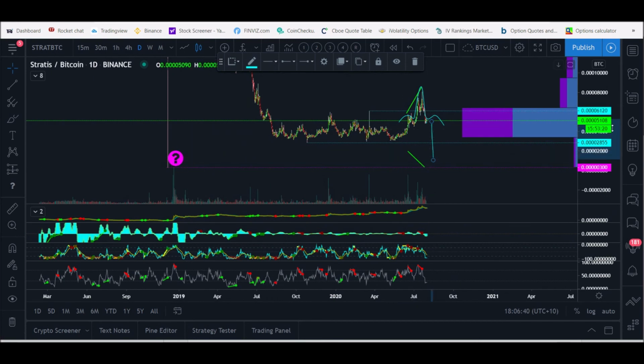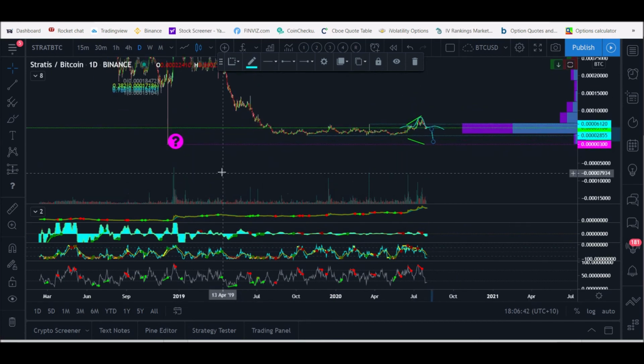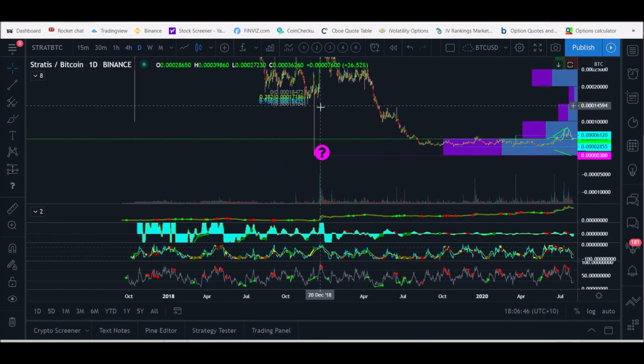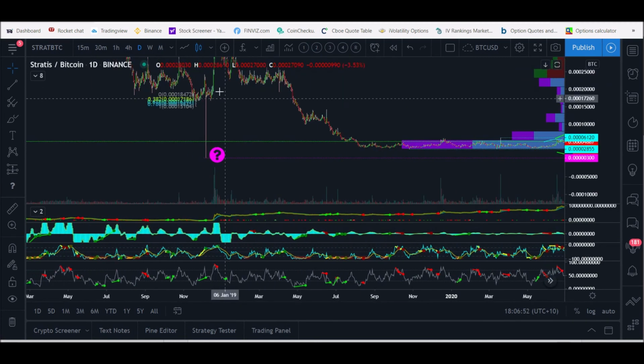This is why I've got a question mark here, because this wick went all the way down to 300 sats. Some wicks are just absolutely ridiculous, where I don't know if someone had really low trading volume on Binance and just absolutely fat fingered this, but whoever did that has lost a lot of money by doing that.